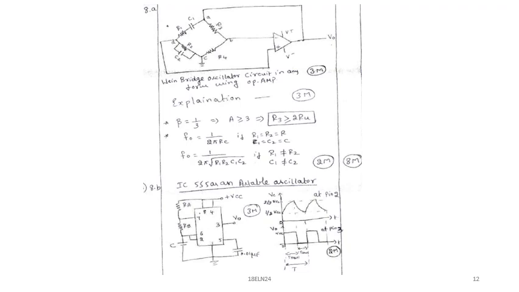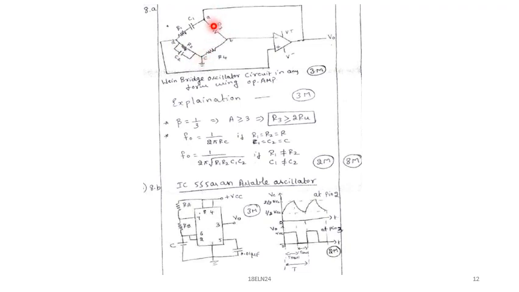8A is related to the Wien bridge oscillator. Again, this is also an RC oscillator only. But here the difference is that it provides a 0-degree phase shift. So this circuit you can draw in terms of a bridge. Here one R and C is connected in series, and the other is connected in parallel. So this is called a lead network, and this is called a lag network.